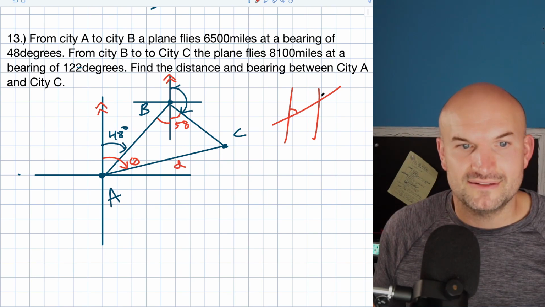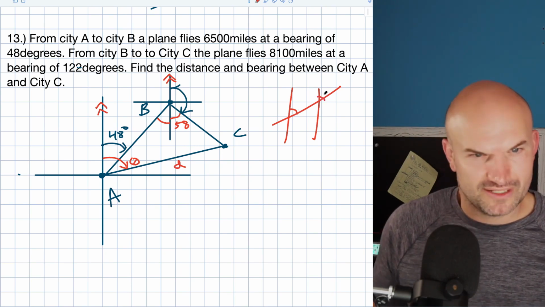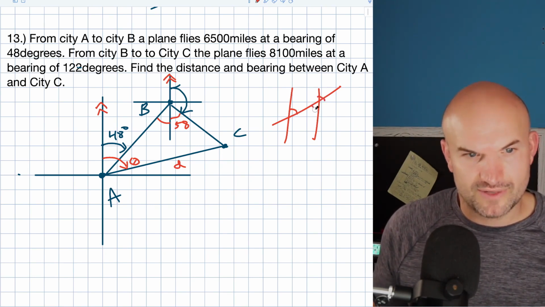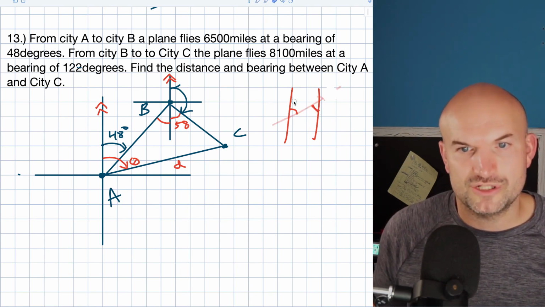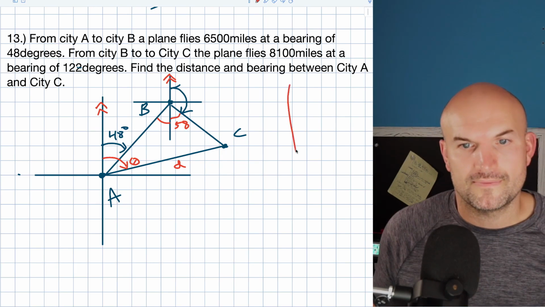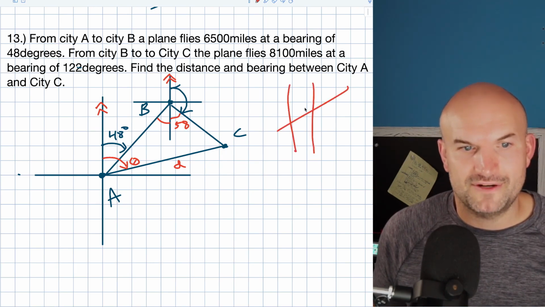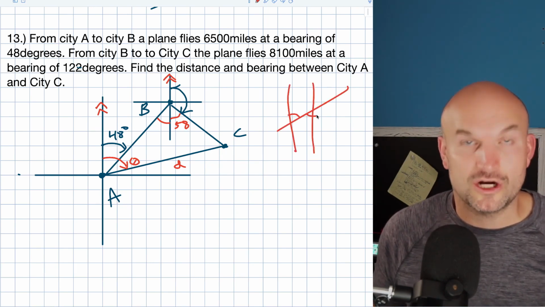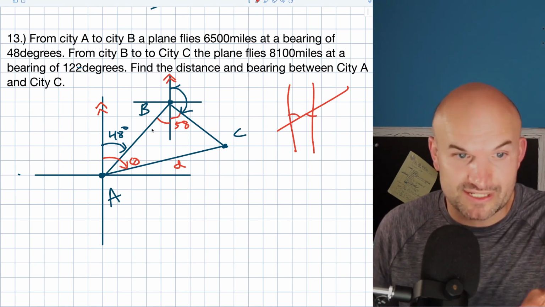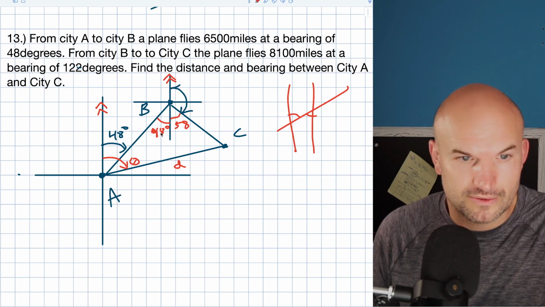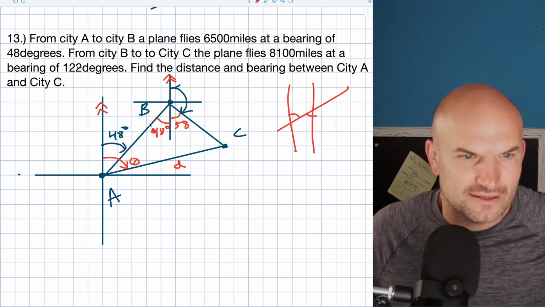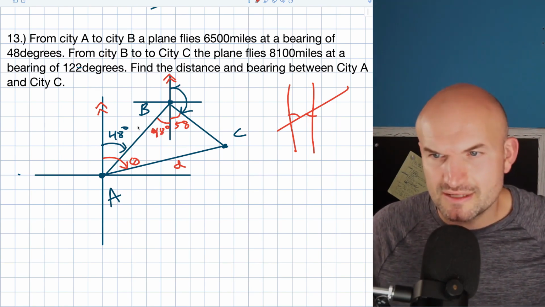Alternate interior angles. So this angle and that angle are equal to each other. So if that's 48 degrees, that means this is 48 degrees.